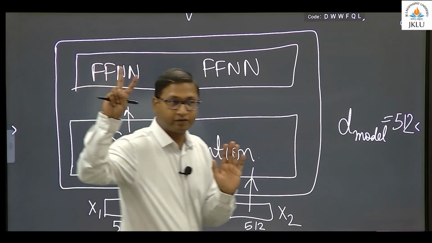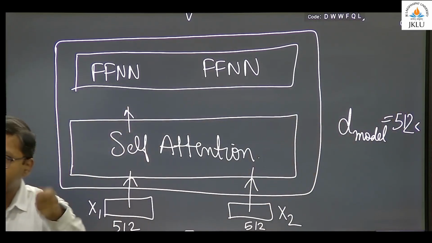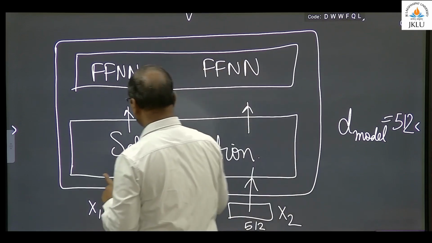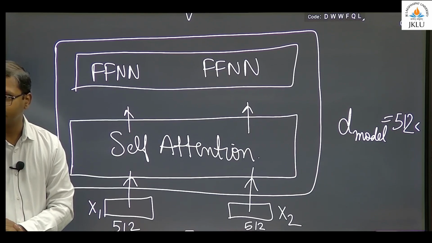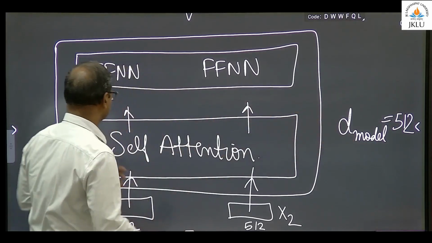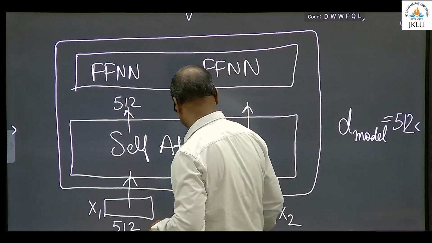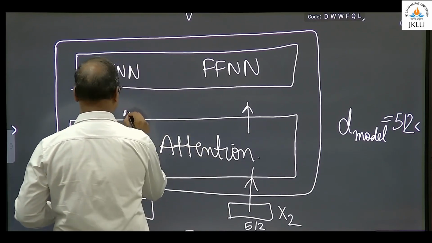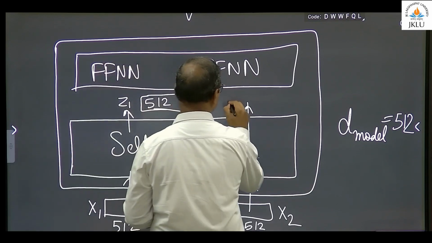There are 2 different 512 things. What are they? In total you have x1 to x512, and every xi is 512 dimensional. The output of the self attention layer, what will be the dimensions? D model says this should be 512. What do we call it? Let's call it Z1. This will be 512 dimensional.